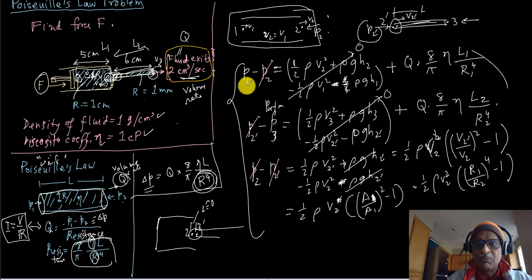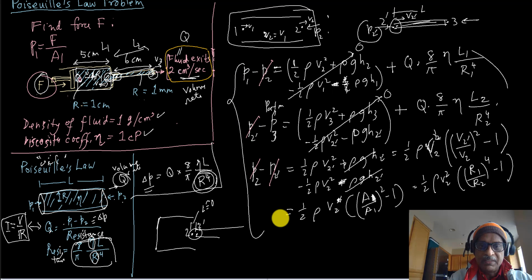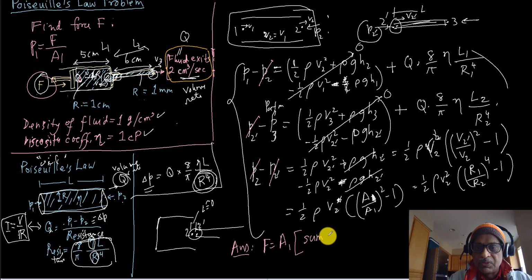So p1 is what I want to know, and to get f, this p1 is f over area 1. So to get f, just add this up. So the answer should be f equals area 1 times the sum on the right side.